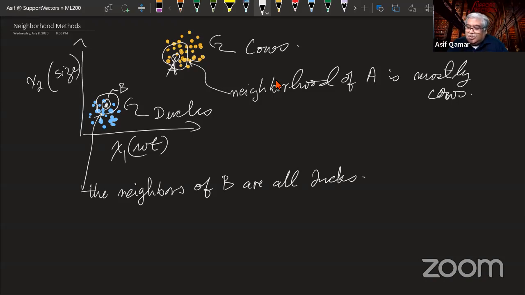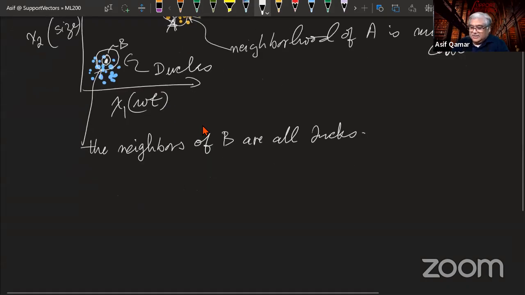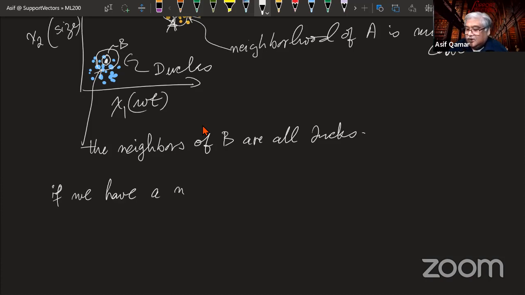So we come to a basic intuition. We say that if the following no-brainer conditions can be fulfilled: if we have a notion of distance in the feature space.